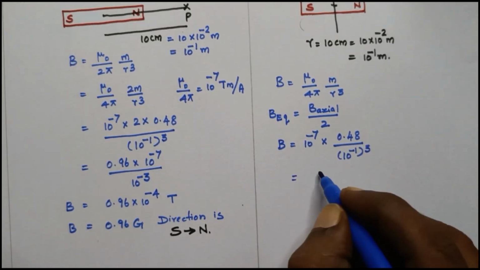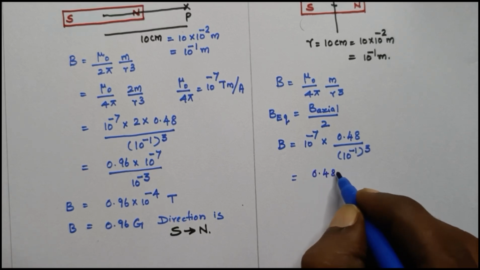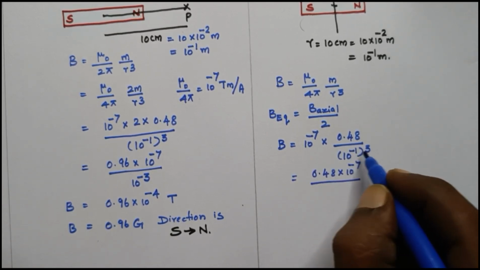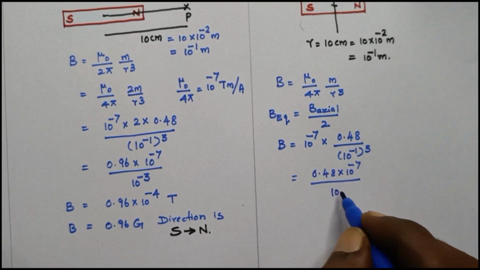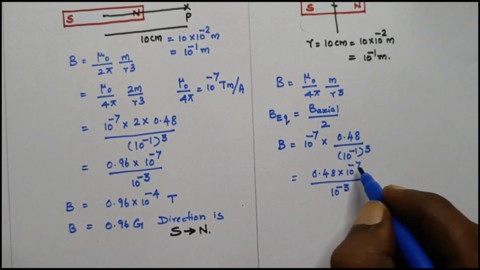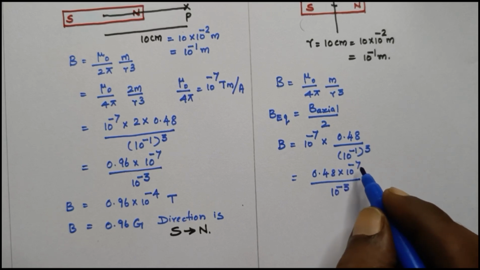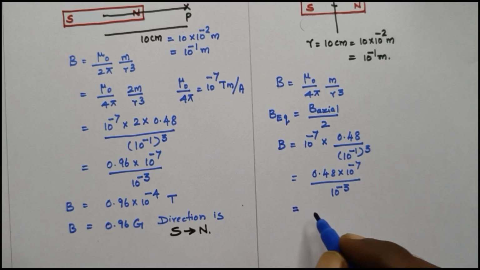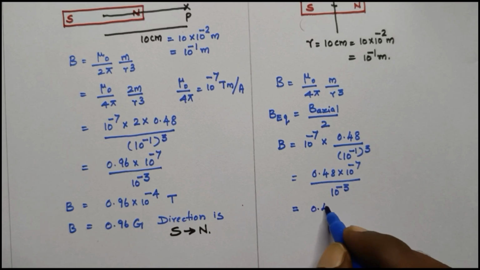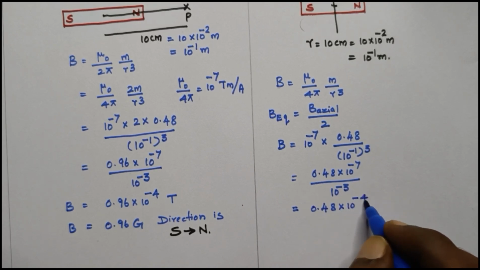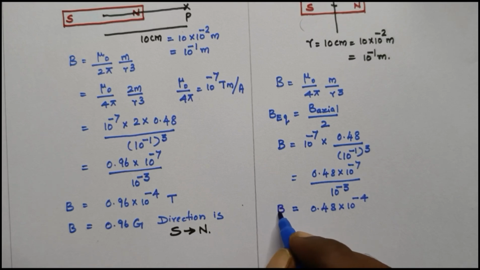So this is 0.48 into 10 to the power minus 7, and 10 to the power minus 1 whole cube can be written as 10 to the power minus 3. 10 to the power minus 7 divided by 10 to the power minus 3 is 10 to the power minus 4. Therefore, this is equal to 0.48 into 10 to the power minus 4. This is the magnetic field at a point 10 centimeter on the equatorial line.